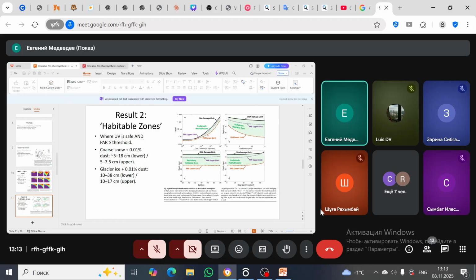And in this area, steep slopes and impacts can expose dusty ice. Also, climate cycles deposit dusty snow during high obliquity epochs. And models predict subsurface melt in dusty snowpacks.